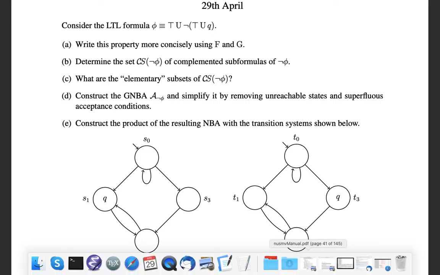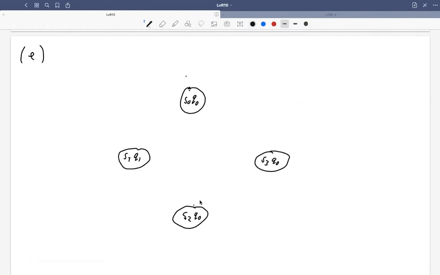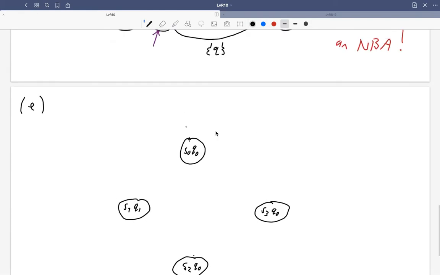Right, so now we have a transition from one state to another if and only if there's a transition in the transition system, in this case from S0 to S3, and there's a transition in the Bookie automaton.